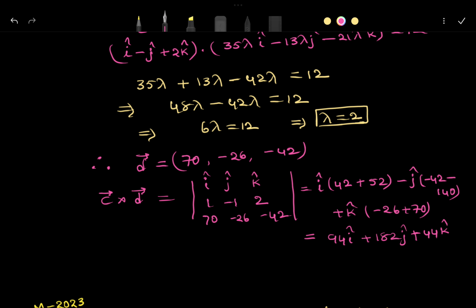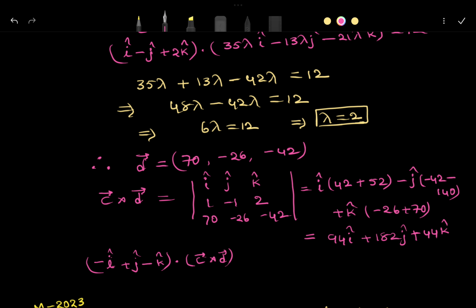This one is c cross d. Now you have to find minus i plus j minus k dot this c cross d.